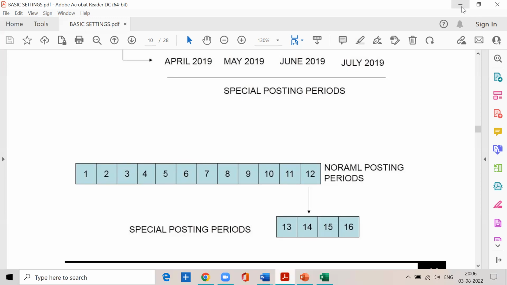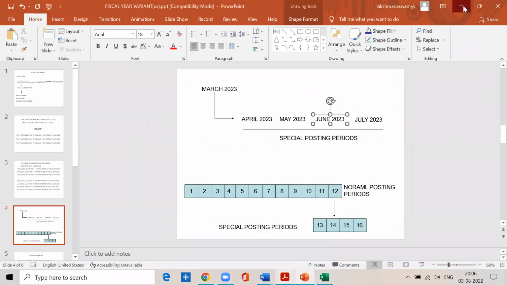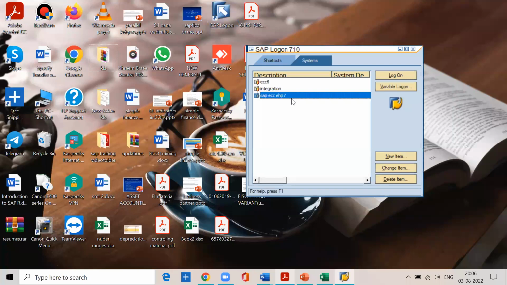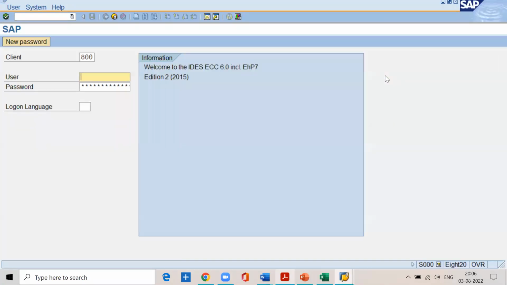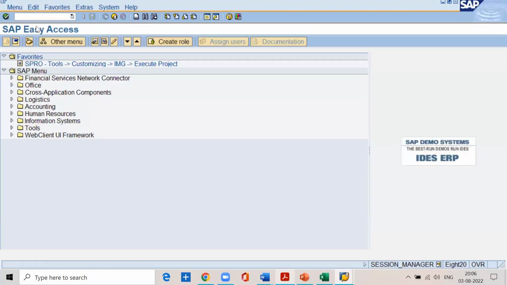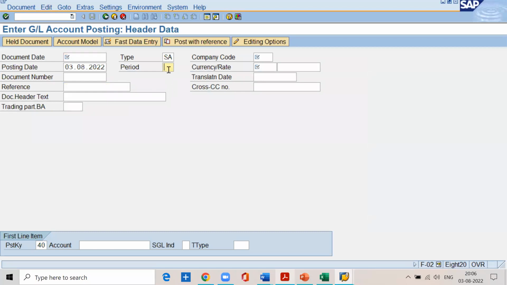So obviously the adjustments are to be posted on the last day of the previous fiscal year only. Write down, it is on 31st March in the case of Indian companies. So look at this here. At the time of posting every business transaction, we enter the period here.